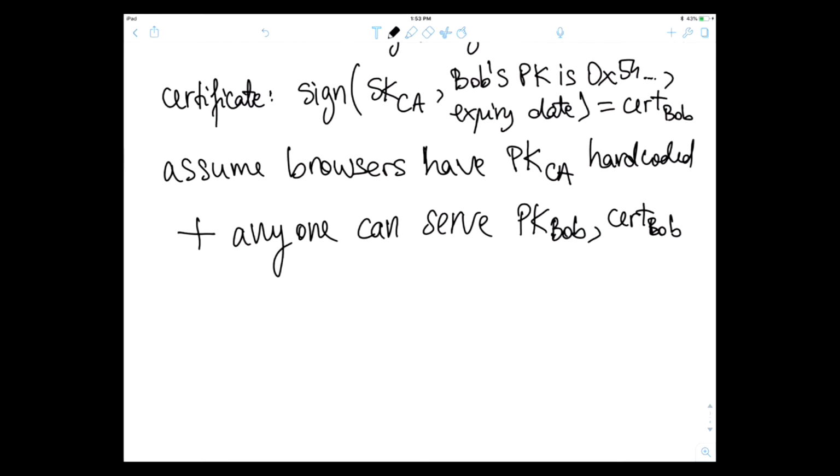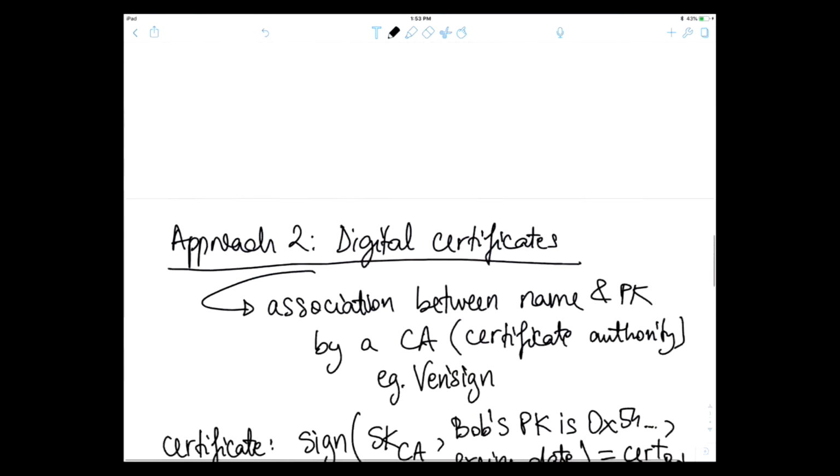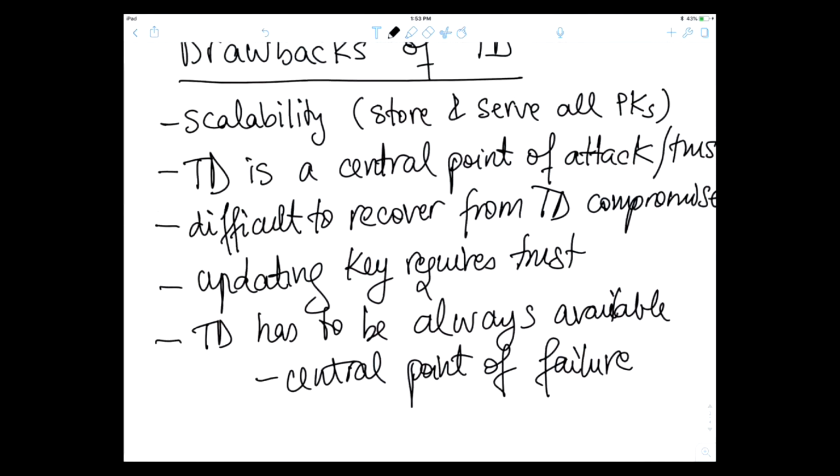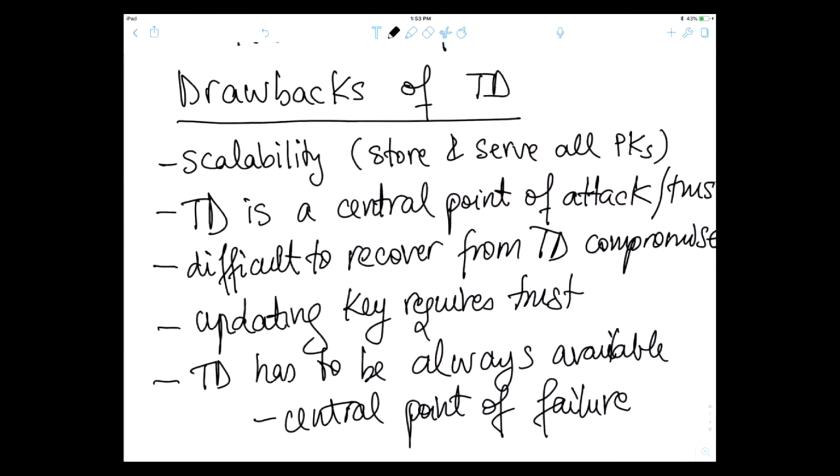But what issues would you say remain? So let's look back at the various issues. What issues would you say remain? Yes, it remains a central point of attack because that secret key of the CA is still used to sign every single certificate. Any other drawbacks?